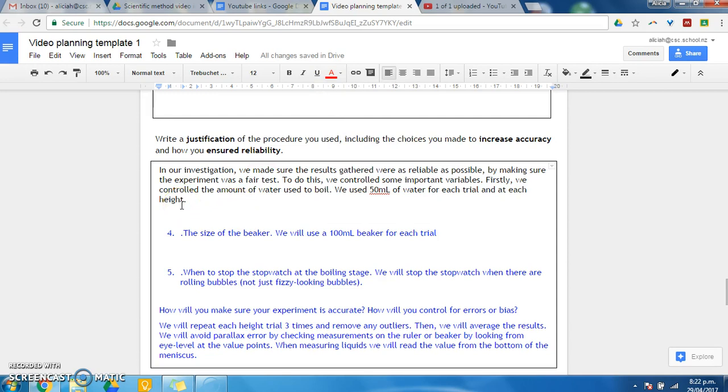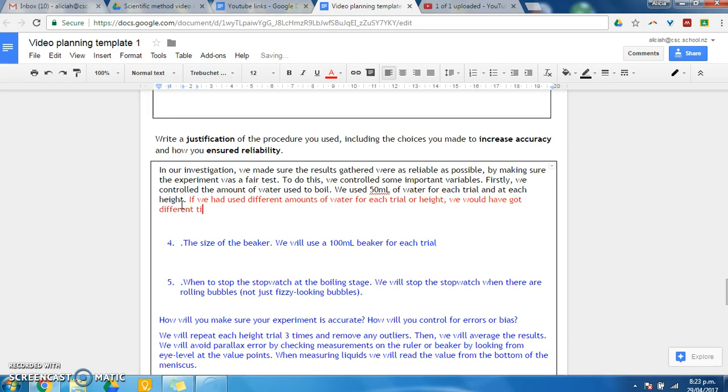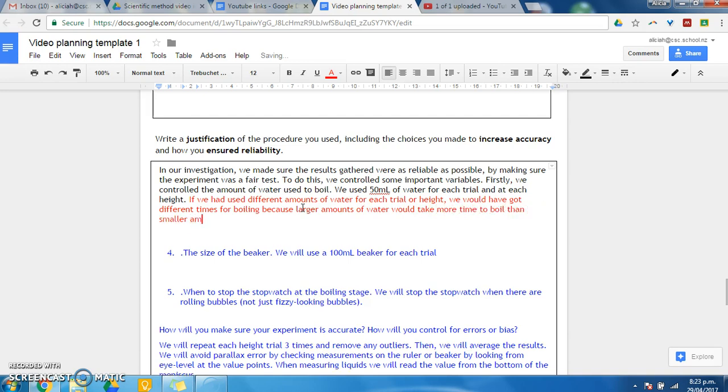So why we did this was because if we had used different amounts of water for each trial or height, we would have got different times for boiling, because larger amounts of water would take more time to boil than smaller amounts.